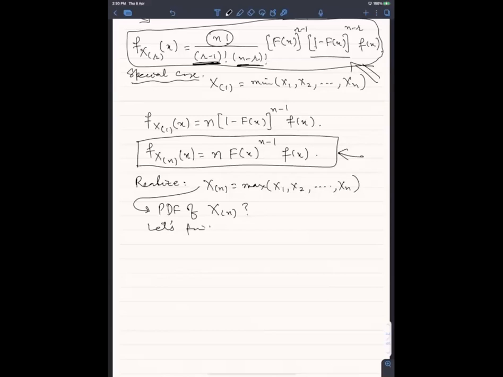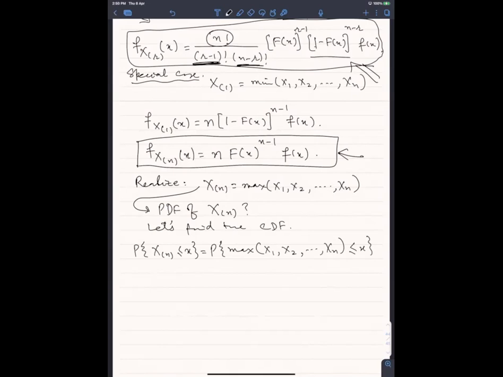Let's first find the CDF, and you will see that it is very easy to find. The probability that xn is less than or equal to x, which means the highest is less than or equal to x, is equal to the probability that max of x1, x2, dot dot dot up to xn is less than or equal to x.